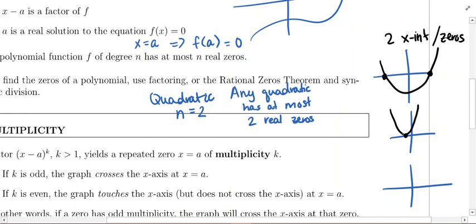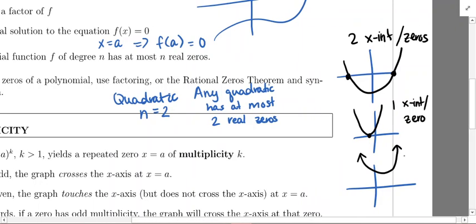It just touches the x-axis in one spot. So in this situation, this particular parabola has 1 x-intercept or 1 zero. It's possible that your parabola has no x-intercepts. So this one has 0 x-intercepts.